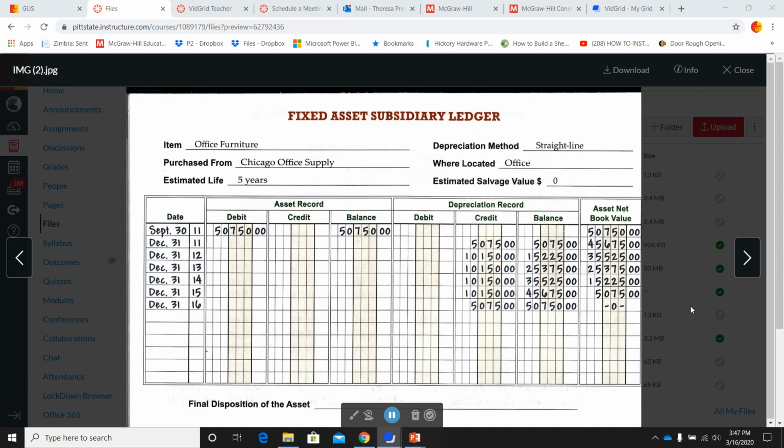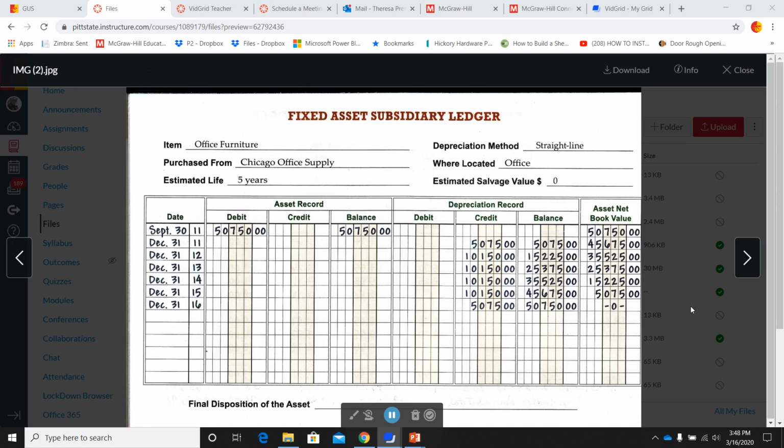So a full 5-year depreciation would mean 20% each year. If you were recording half of 20%, you would record 10% in the first year. So Warren Sports Supply is recording 10% of the balance of $50,750 in the first year for depreciation.